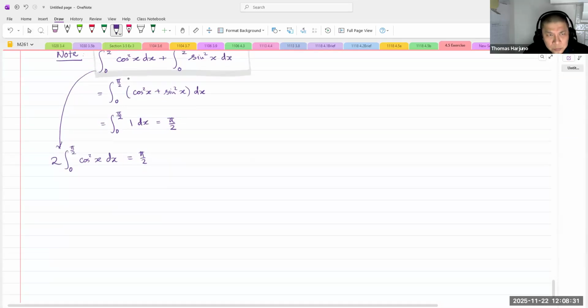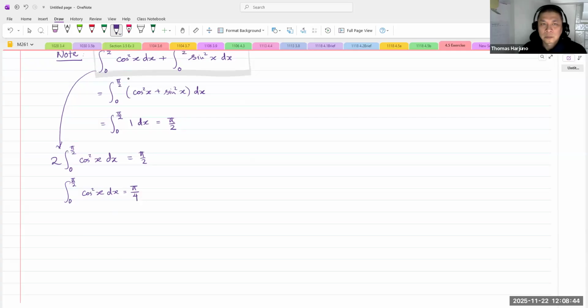Therefore, the integral from 0 to pi over 2 of cosine squared x dx is pi over 4. Consequently as well, the integral from 0 to pi over 2 of sine squared x dx is also pi over 4.